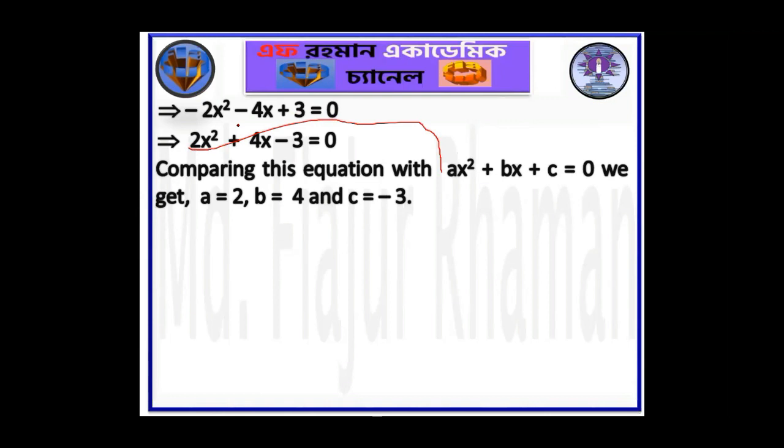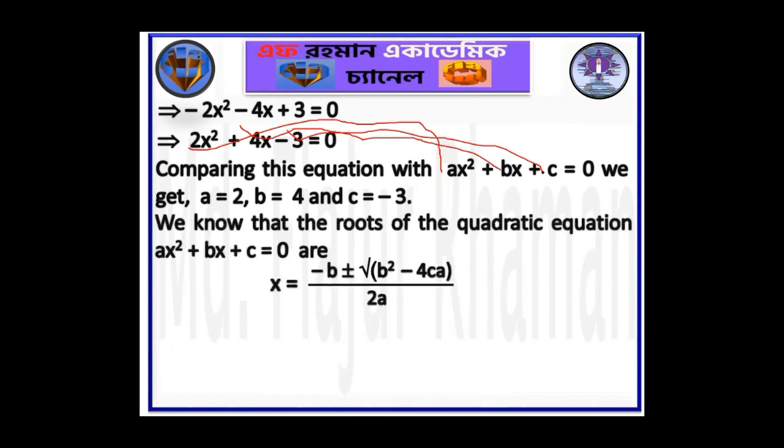Similarly, we can associate 4 with b and minus 3 with c. Then we can easily have a is equal to 2, b is equal to 4, and c is equal to minus 3.